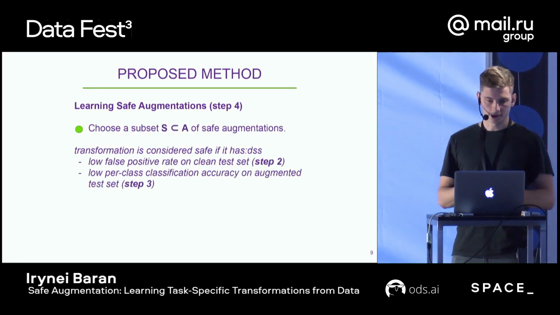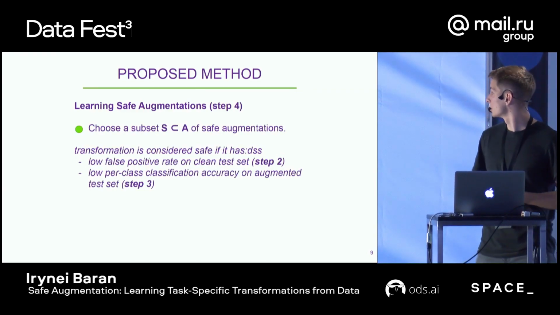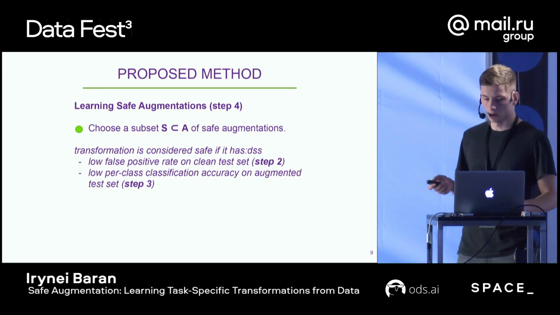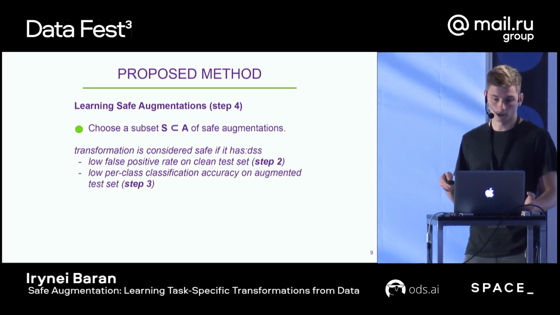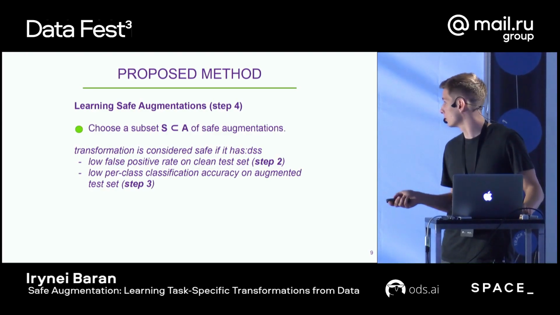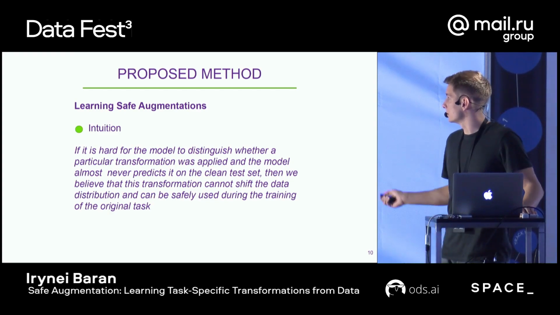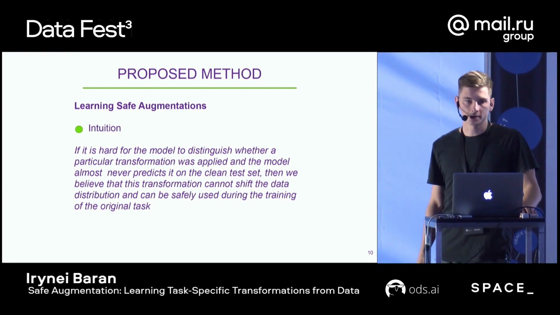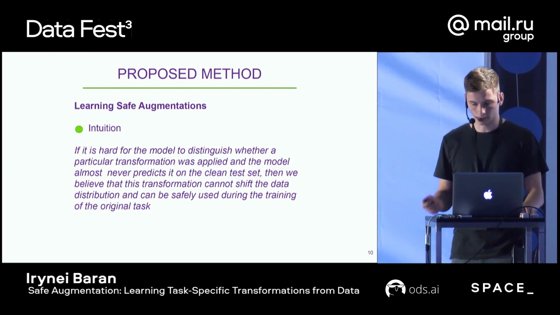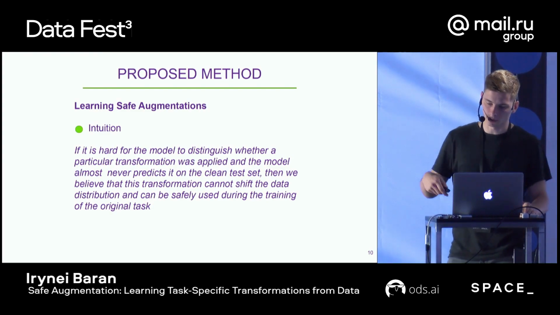And the final step is to choose the subset of safe augmentations. An augmentation is considered safe if it has a low false positive rate on the clean set and low per label accuracy on the augmented test set. So the overall intuition of our method is to choose data augmentations which lead to images that are similar to those we already have in the training data.